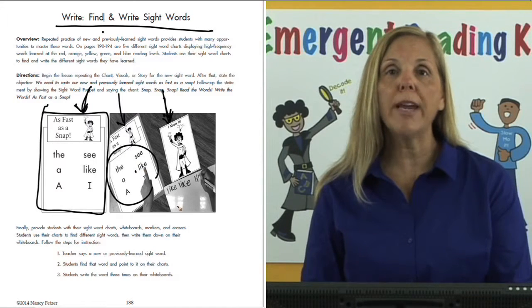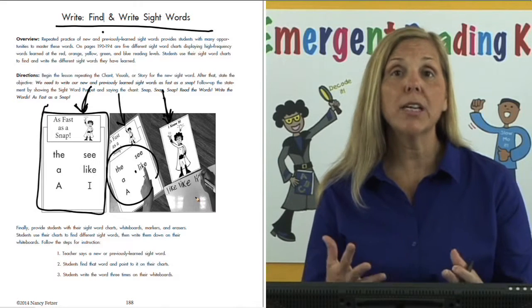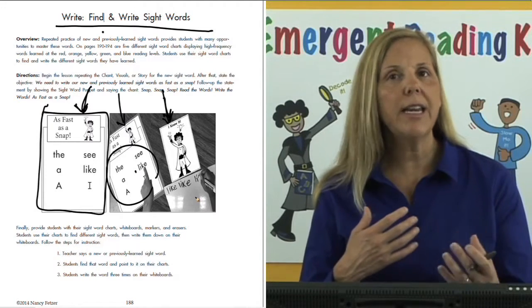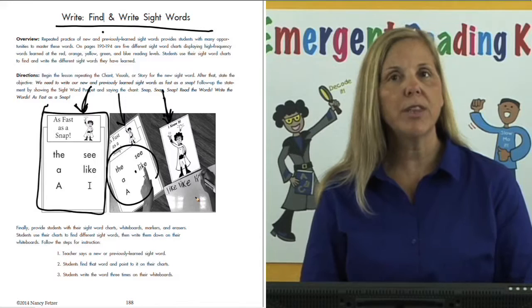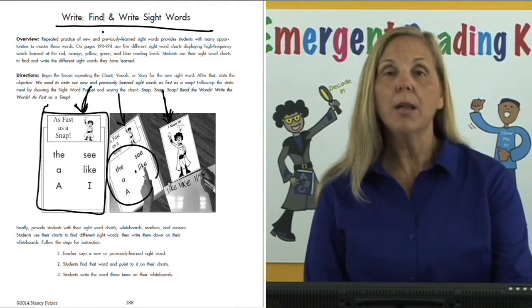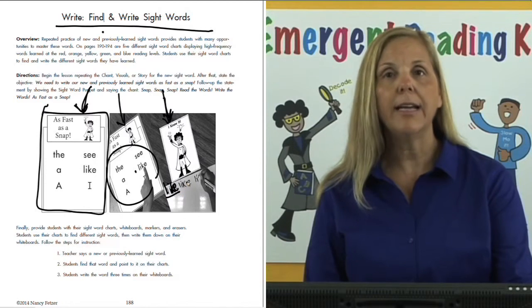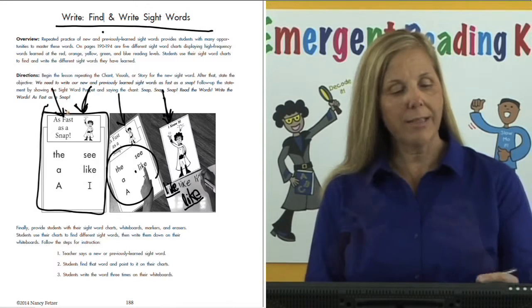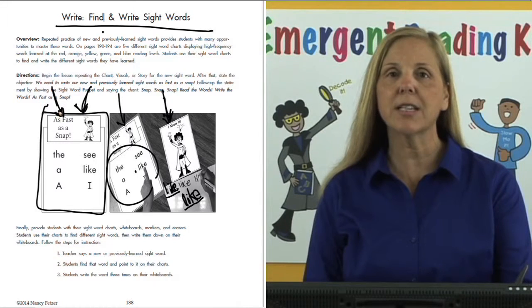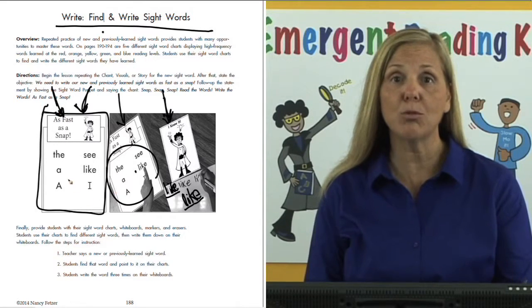Then they'll go to their whiteboard and write it. I suggest they write it out at least 2 to 3 times. And when they're writing it at this point, many times they should just be saying L-I-K-E, like.